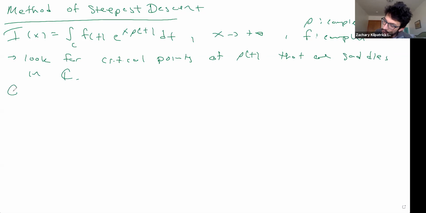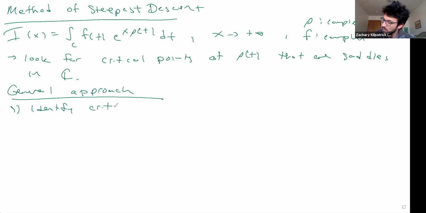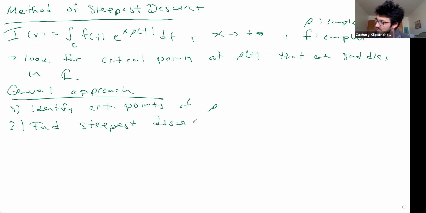Okay, and so the general approach that we outlined is to first identify the critical points of rho, then find our steepest descent paths, and we call these CS.